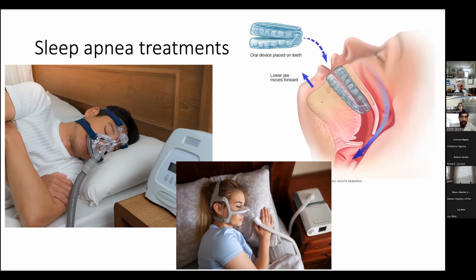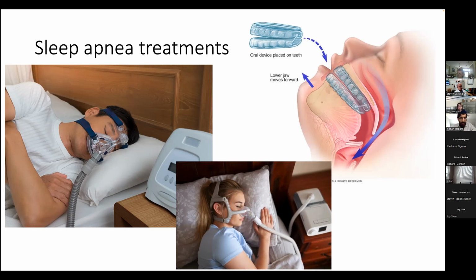The main problem in obstructive sleep apnea is that your tongue and the back of the throat muscles become relaxed, just like the rest of your muscles during sleep, and they fall back into your throat and block your airway. The tongue is the main problem area. So this device, made by a dentist and custom fit for you, holds your lower jaw forward and keeps your tongue from obstructing your airway. That would be another option for people with obstructive sleep apnea if they can't tolerate CPAP.